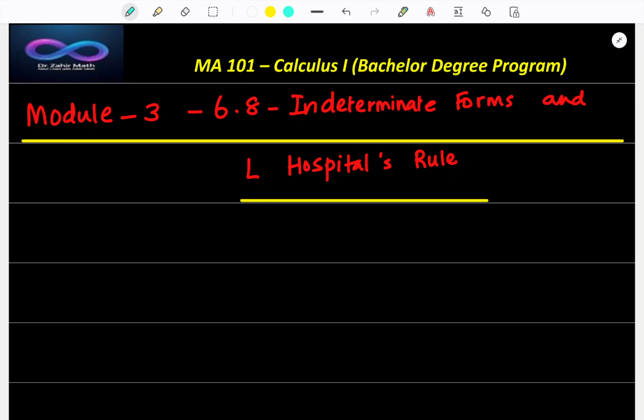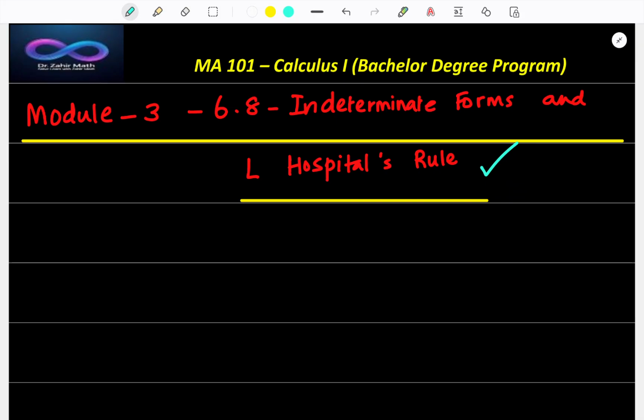Keep in your mind, for 0 by 0 and for infinity by infinity, we apply L'Hopital's rule, right? This L'Hopital's rule is actually a French mathematician's name. Might be your teacher told you in the class or not, I'm not sure.